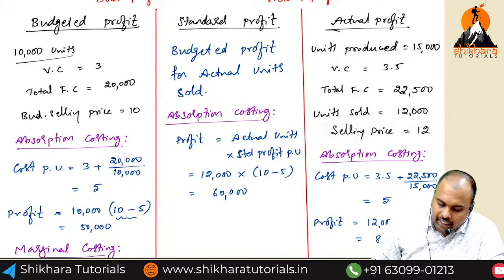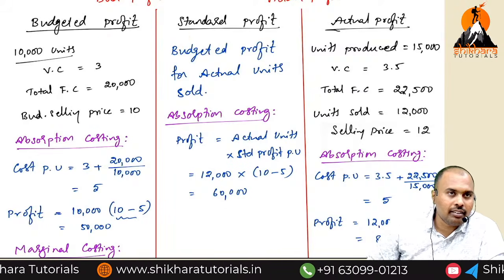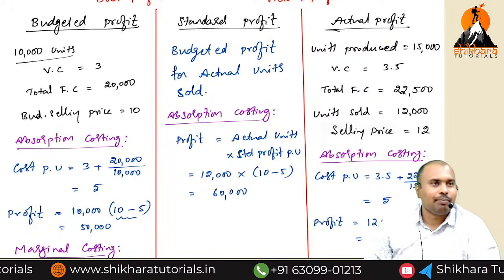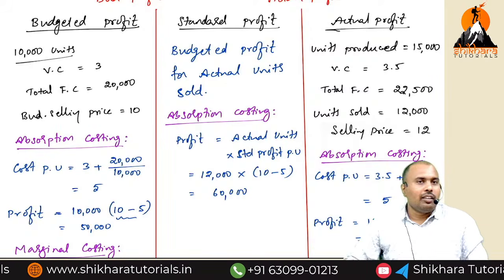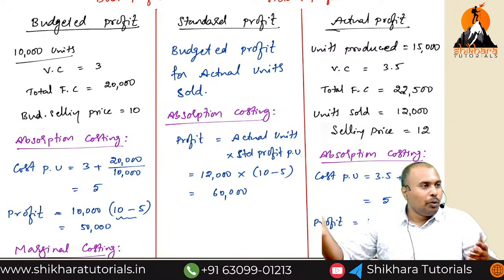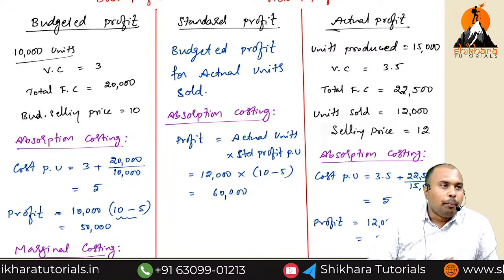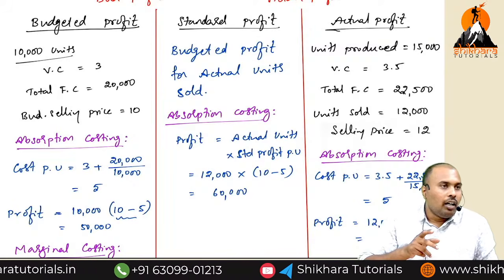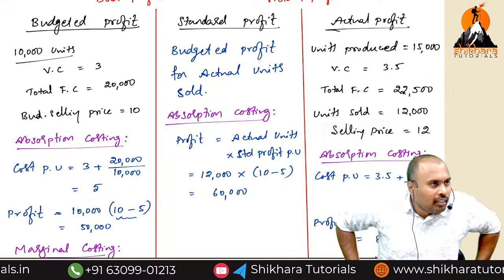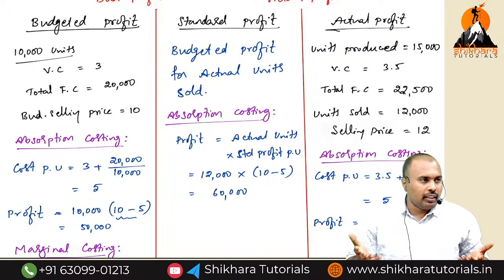It means the reason why there is a difference between standard profit and budgeted profit is sales margin volume variance. Yesterday we talked about sales volume variance as well as sales margin volume variance. Both we have taken. What does sales volume variance mean? Because of change in units, how much sale value changed. Understood, right? See, understand the difference between sales volume variance and sales margin volume variance.